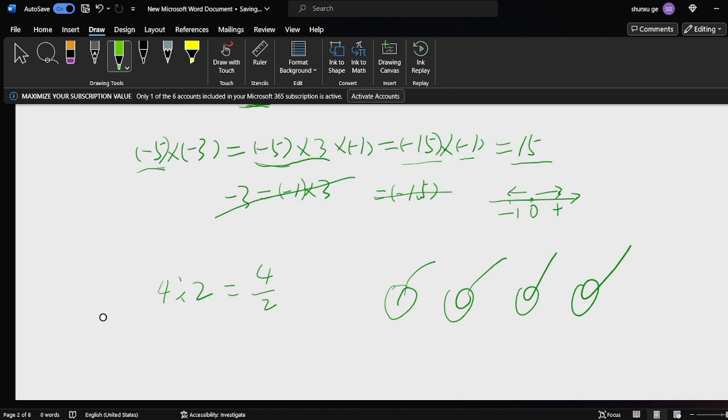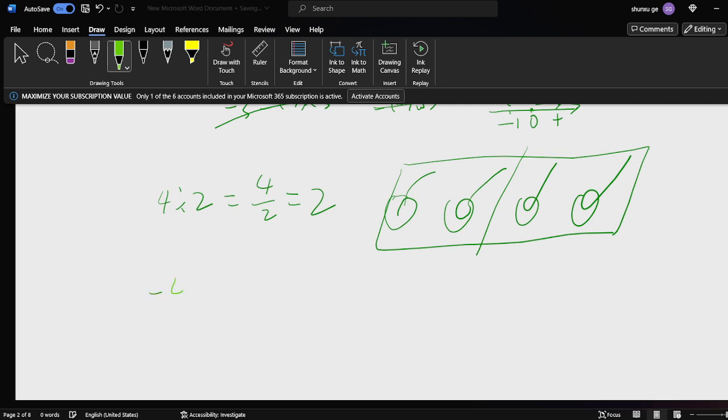Okay, 4 apples. You divide by 2, that means cut into 2 parts. This is totally 2 parts. Each part is 2. So that means 4 divided by 2 is 2.